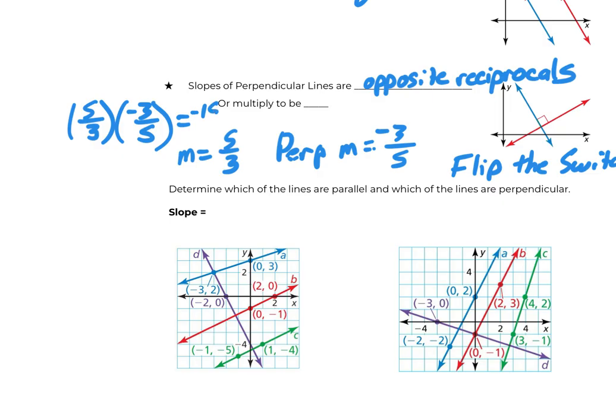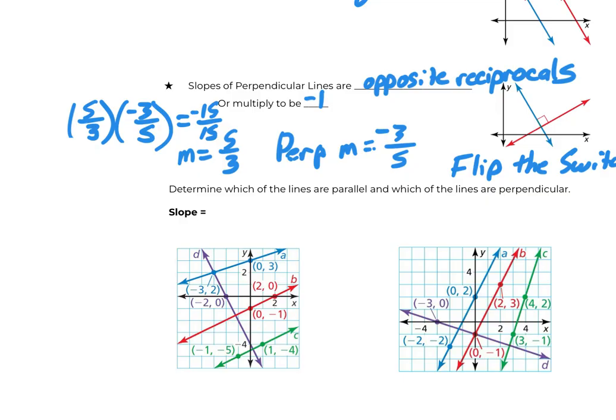So this is -15 over +15. But if I reduce that, what's it end up being? -1. Okay. So when I multiply two perpendicular slopes together, they will always make a product of -1 every time.